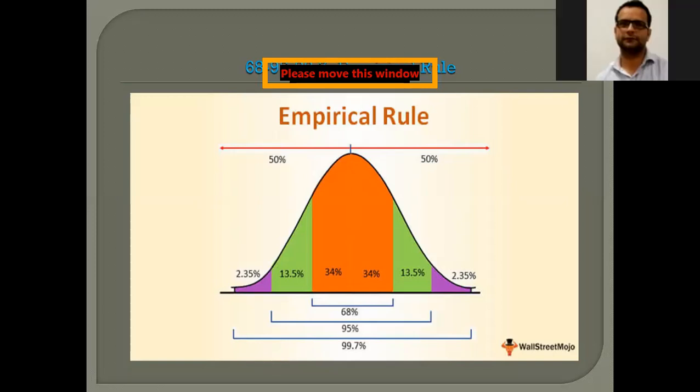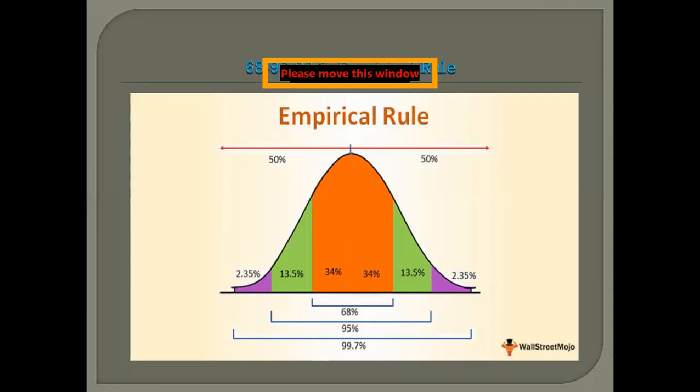So if you look at this image in front of you, you have a spread, and this spread is a bell-shaped distribution. We will not go into mathematical details as of now. This spread is just the data in front of you.